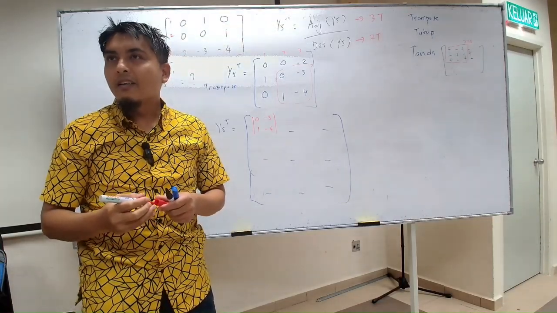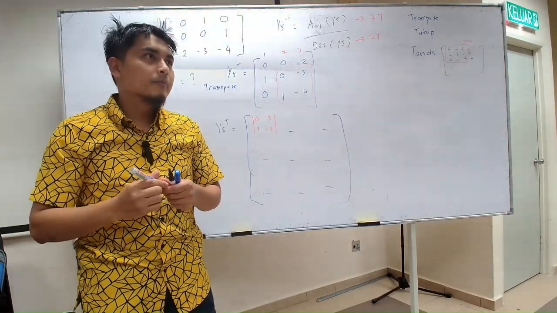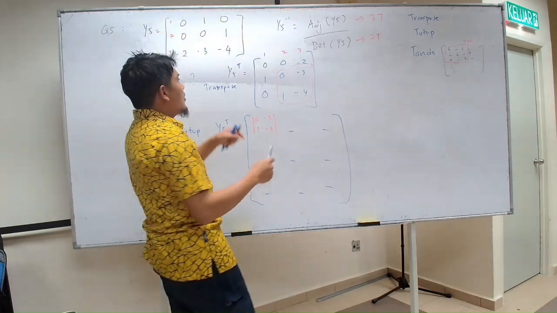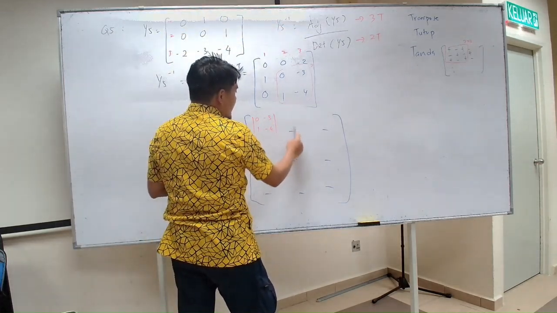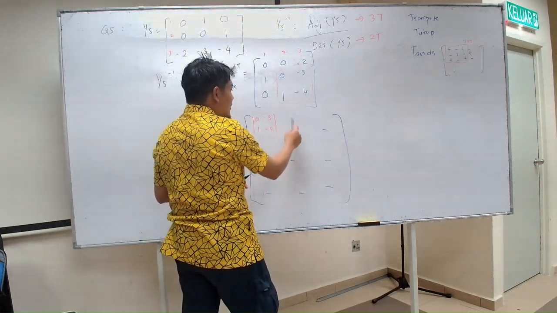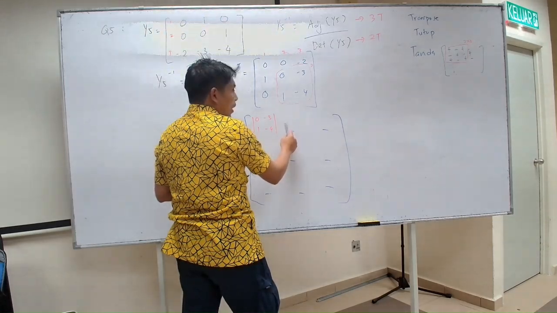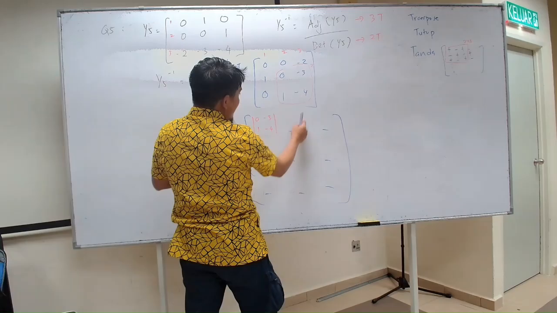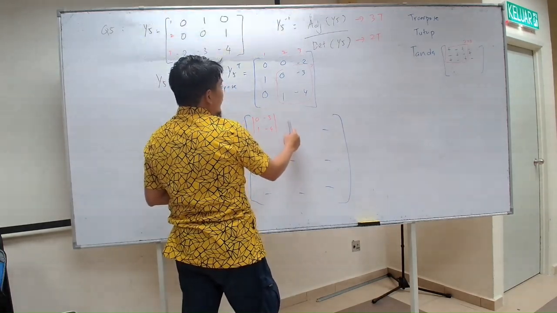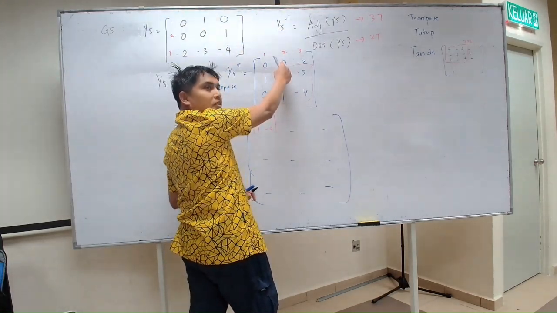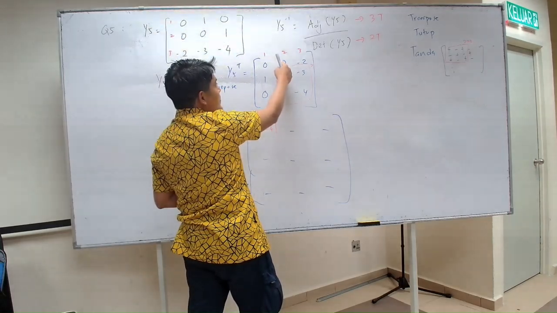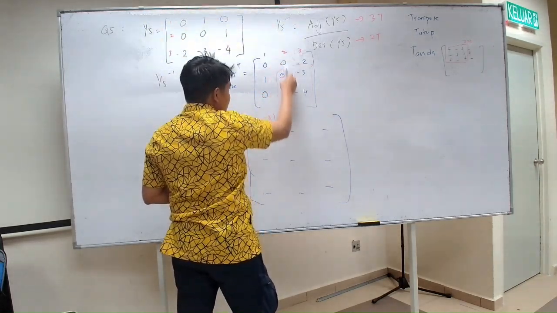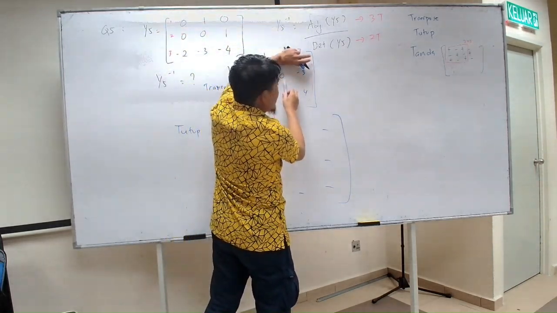Are you clear? Can you follow? Next, we want to fill up the coordinate 1, 2. If you want to fill up this one, you need to tutup the same position. When you tutup the same position, it closes vertically and horizontally.